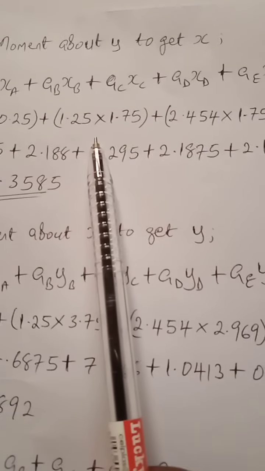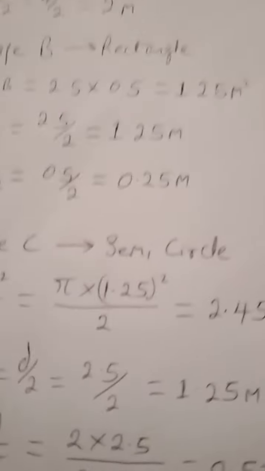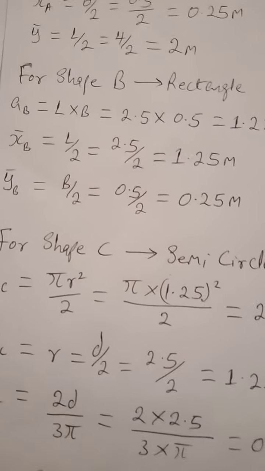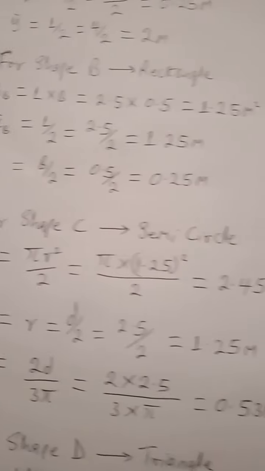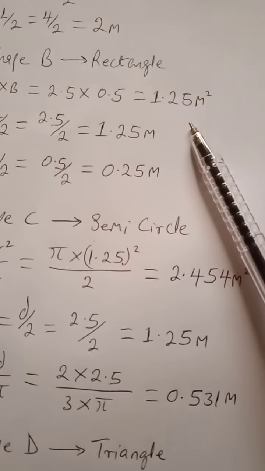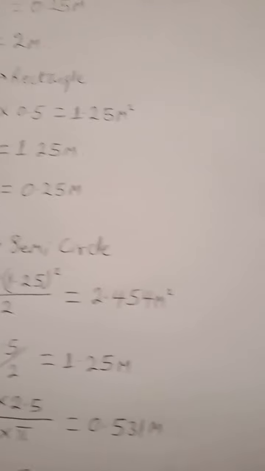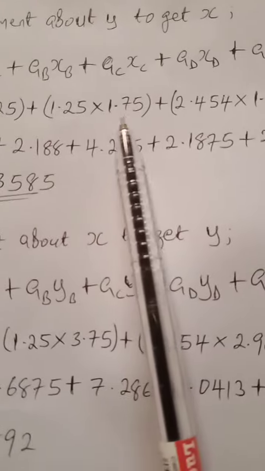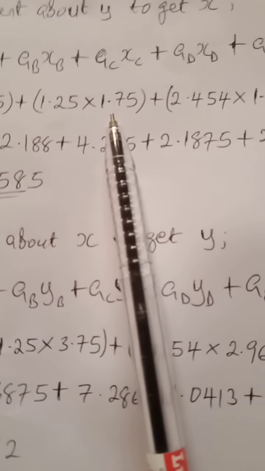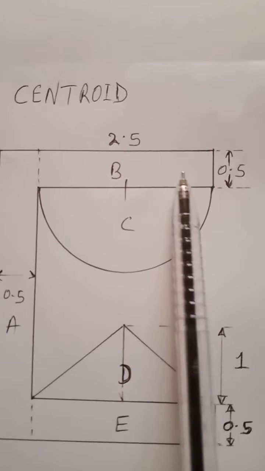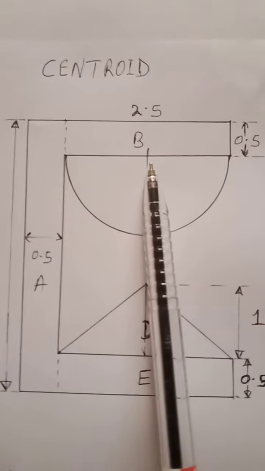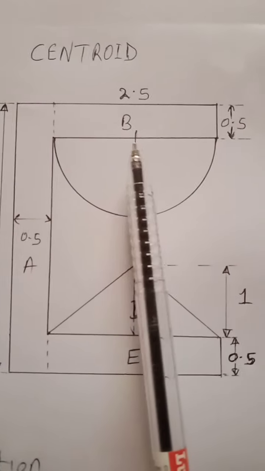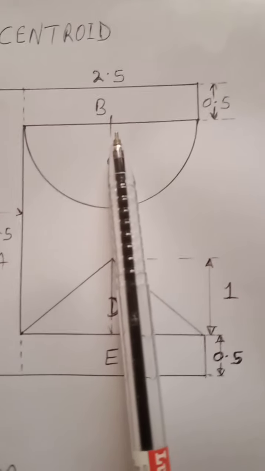The area is 1.25 for B. You can see 1.25 multiplied by the center, which is 1.75. That is the center of shape B to the y-axis. This is shape B, and this is the center. Half of 2.5 is 1.25, isn't it?